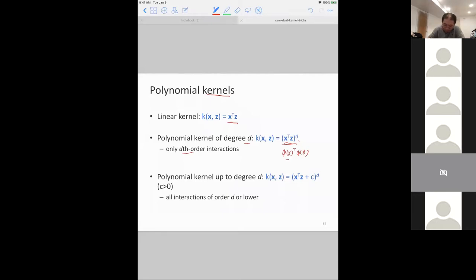If you instead first take the inner product between x and z plus c, and then take the power of d, then you find the feature mapping, and you will see that the mapped feature vector contains all interactions of order d or lower. I'll leave it as an exercise for you. It will be very interesting to find those corresponding feature mappings and see how those new feature terms are constructed out from the older ones.